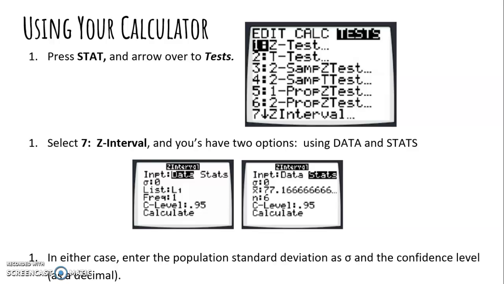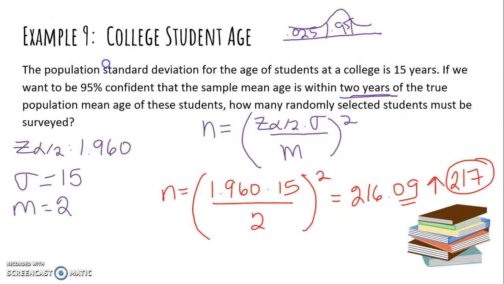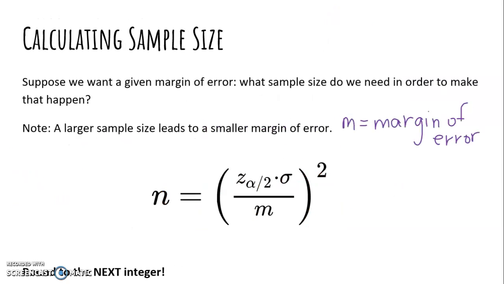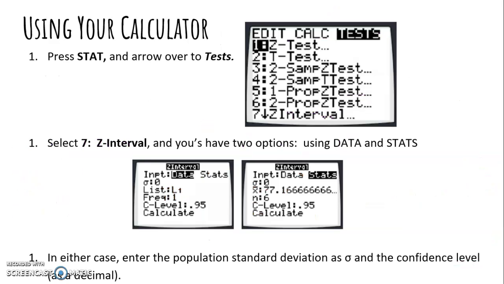So for confidence intervals, you are going to go to Stat, and then you're going to arrow right, and you're going to arrow over 2 places to tests.